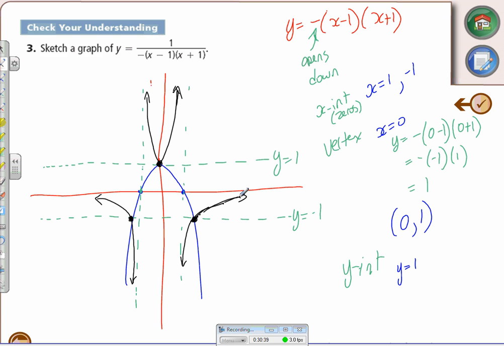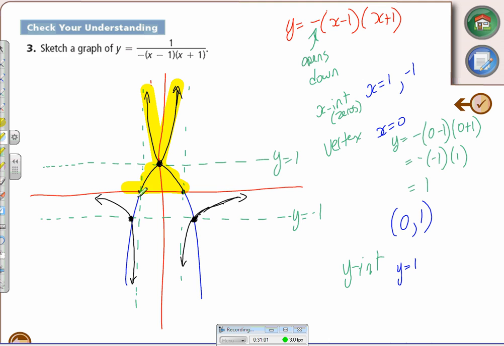And now you've got it sketched. The black line is your reciprocal function. Okay. Any part of the original graph that's above the x-axis is going to be above the x-axis when you draw it.